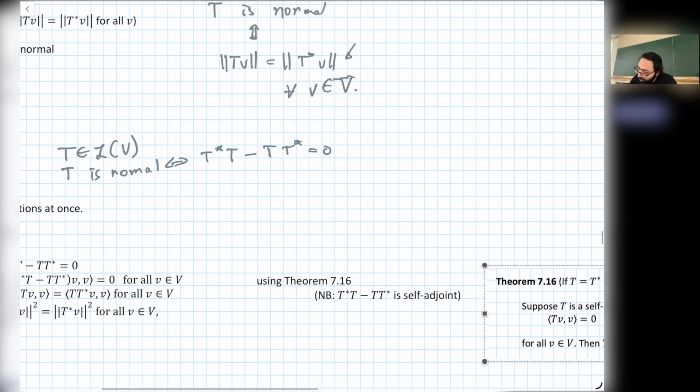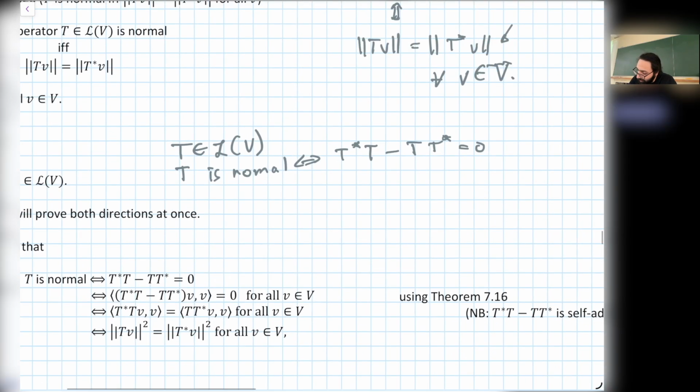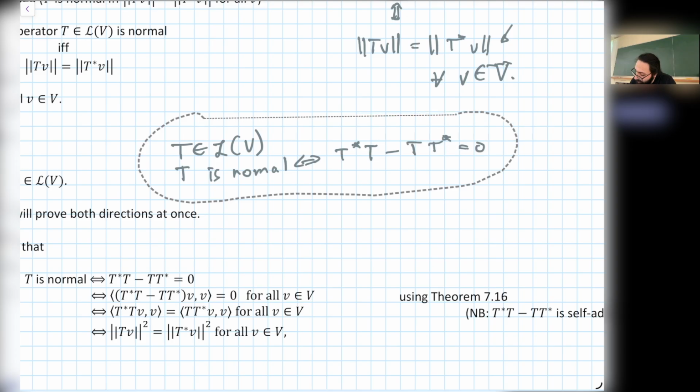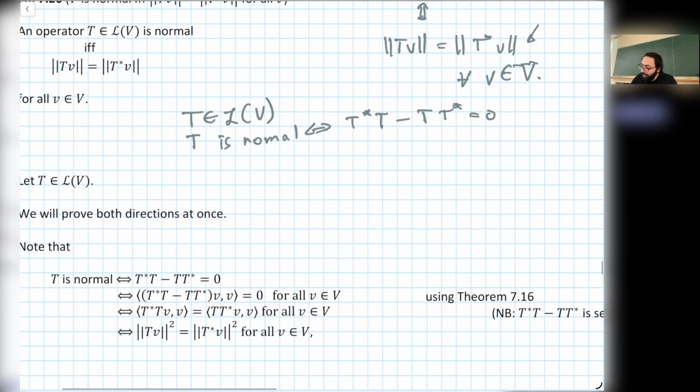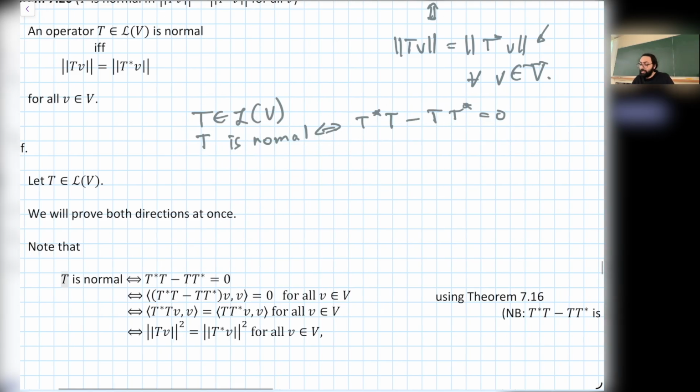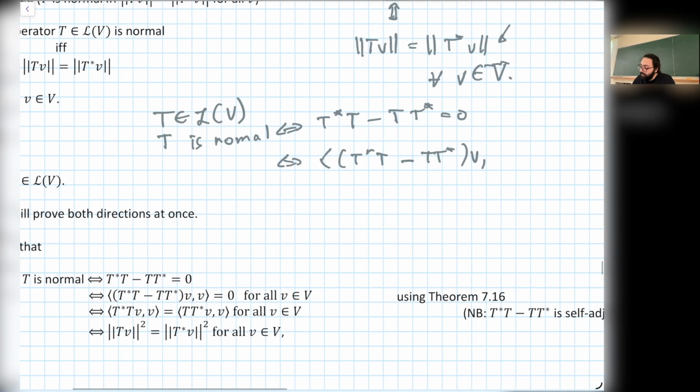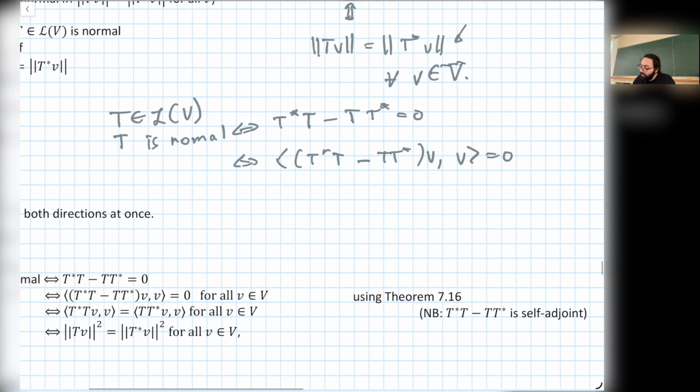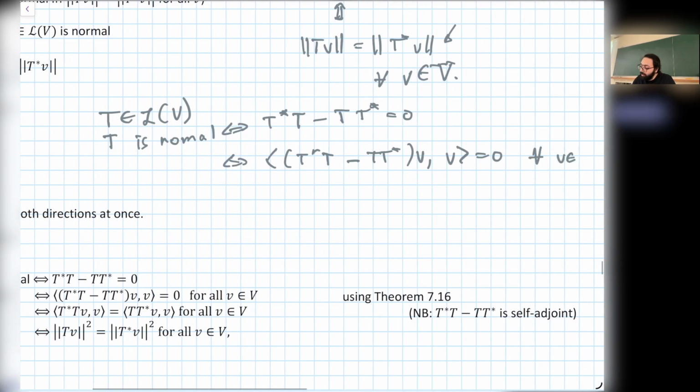Apologies, my board work is a little bit shoddy. So we have T star T minus T T star is 0. This is fine. That in turn is equivalent to what? It is equivalent to T star T minus T T star acting on V, with V, being 0 for all V in the vector space.